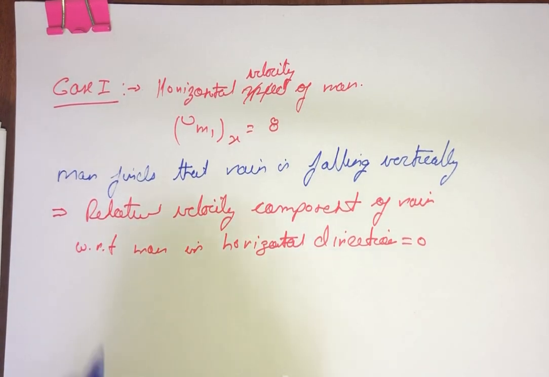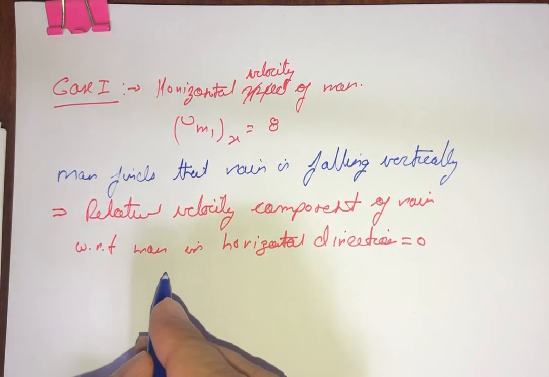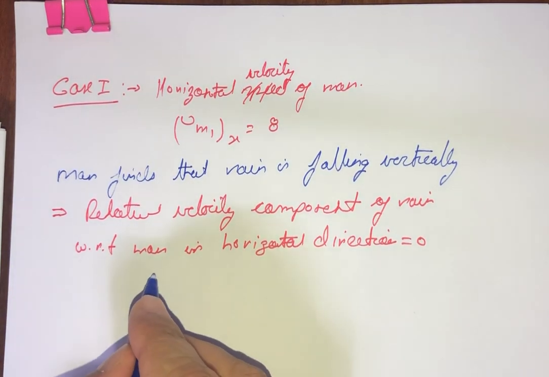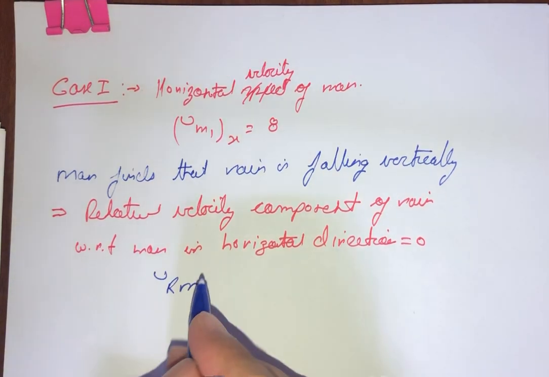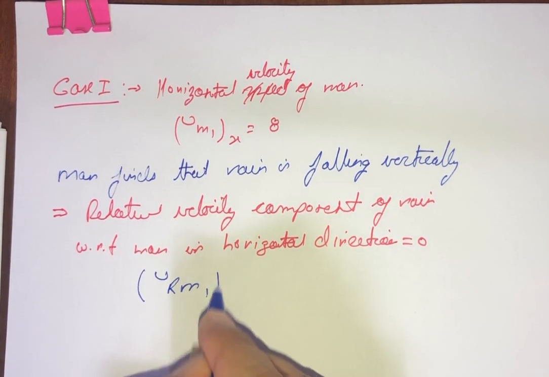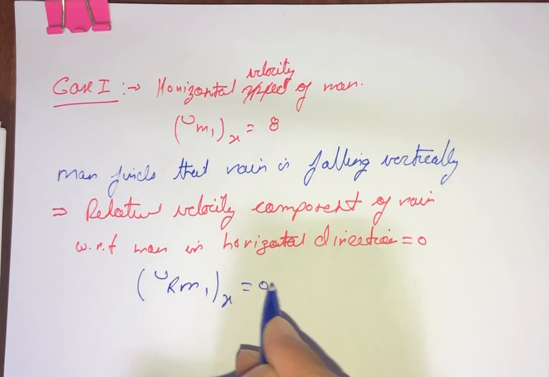So we can say that the relative velocity of rain with respect to man 1 in x direction will be equal to 0.